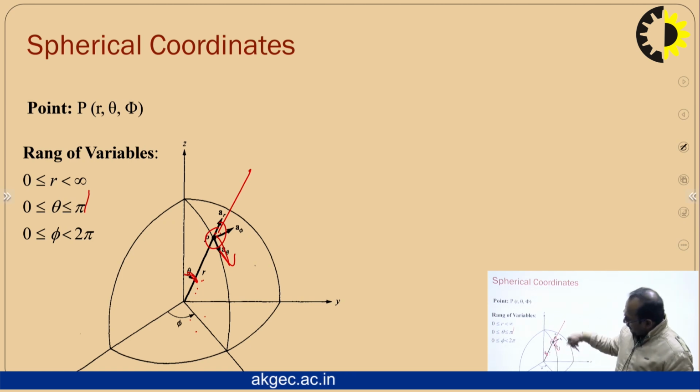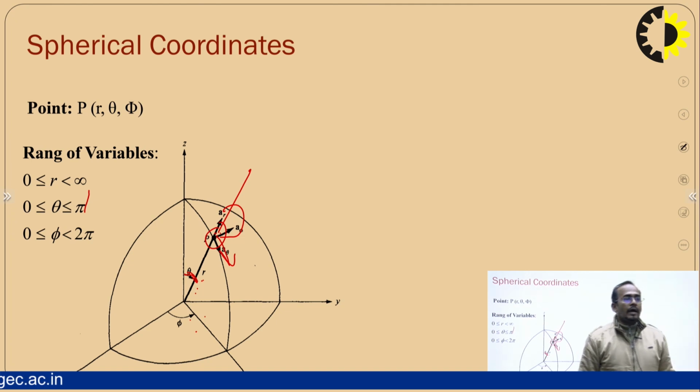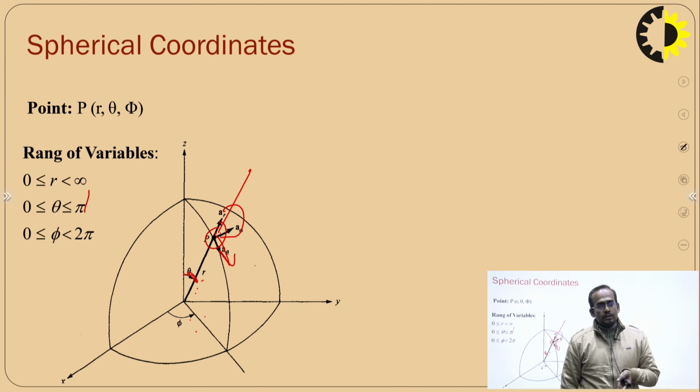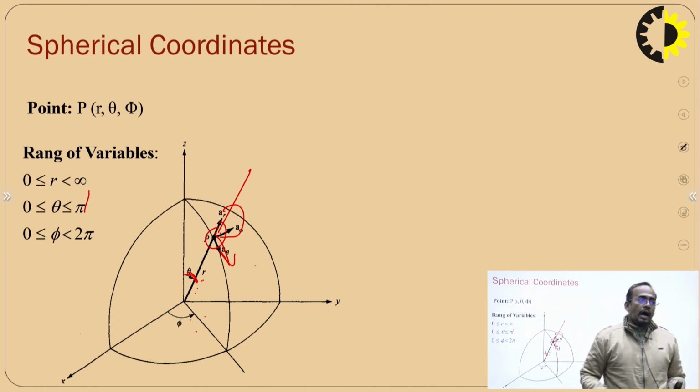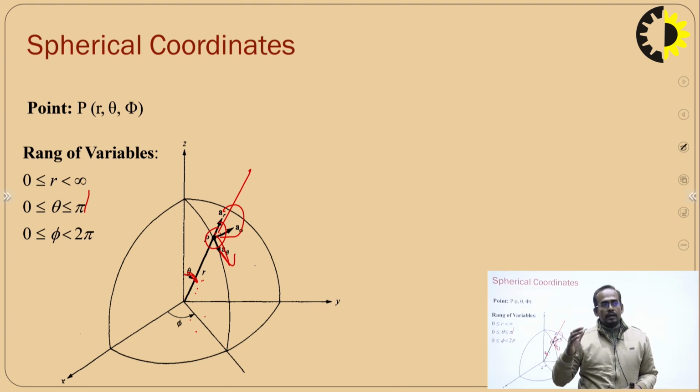A phi is varying like this, so I have considered this a phi. Phi is varying in this direction. So in this way you can make a hemisphere. For understanding the range of variables, you should know how to make a cylinder or a sphere in the x, y and z coordinate system.